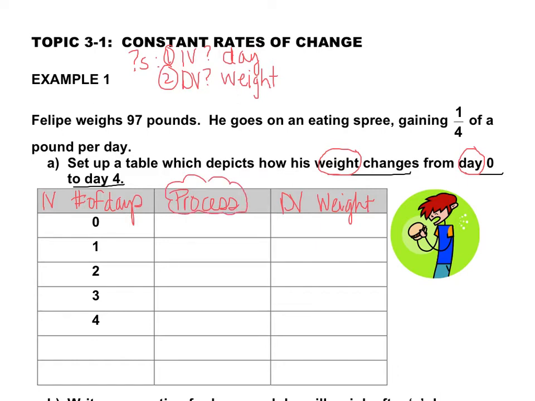The third question that you want to ask yourself is, how is it changing? So in this particular problem, how is his weight changing? So I'm going to put changing. You're going to ask yourself, is it increasing or is it decreasing? Well, he's gaining 1/4 pound, so that means that this is increasing, which is going to represent an addition in your problem.